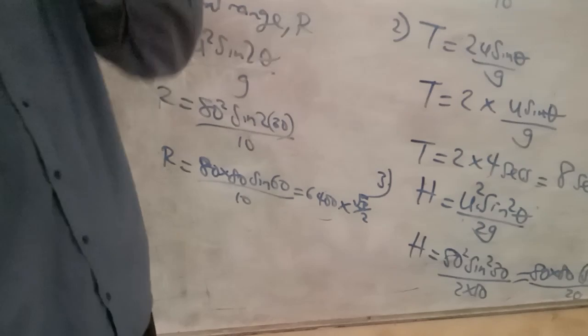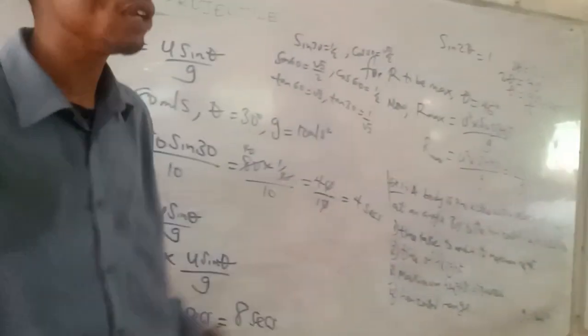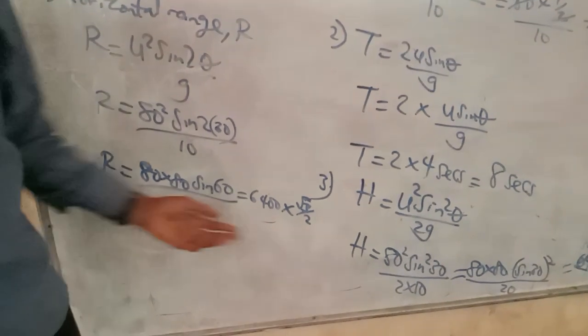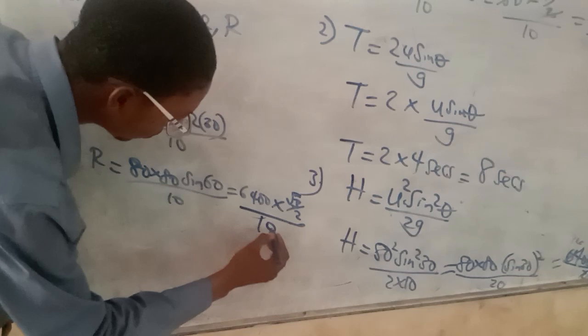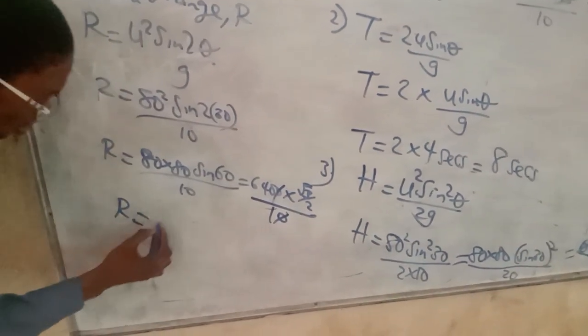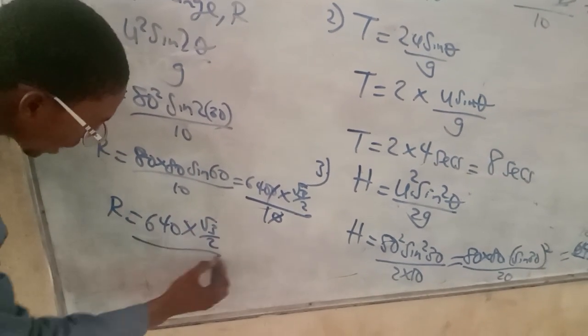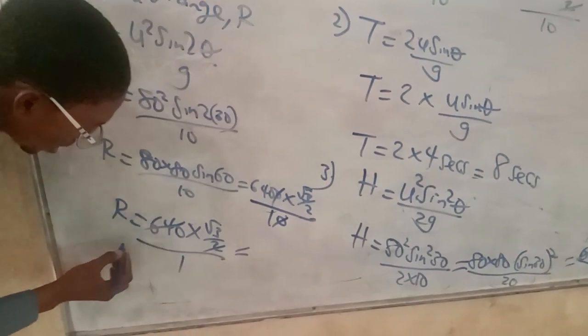Now please always learn how to put all these special angles in short form, because in JAMB you will not be given a calculator, so you must know how to put all these angles in short form. Now this 0 we cancel with 0, then we have R equals 640 times root 3 over 2, then divided by 1.